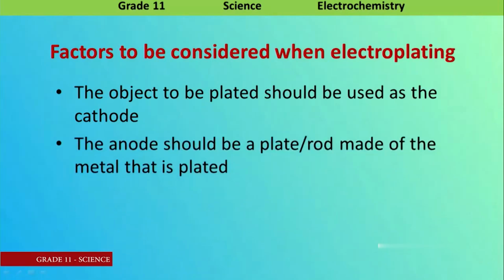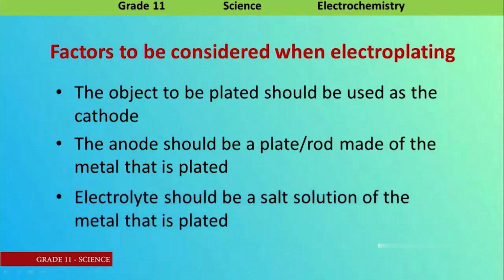If an iron spoon is plated with copper, the iron spoon must be placed as the cathode. If we need to plate a bangle with gold, then the bangle must be placed as the cathode. And the anode should be a plate or rod made of the metal that is plated. If we are plating copper, the anode must be a metal sheet or rod of copper.